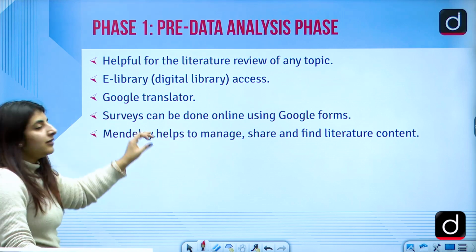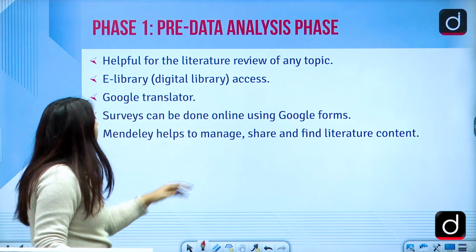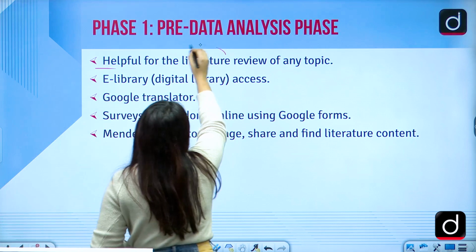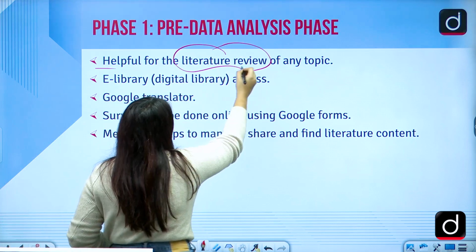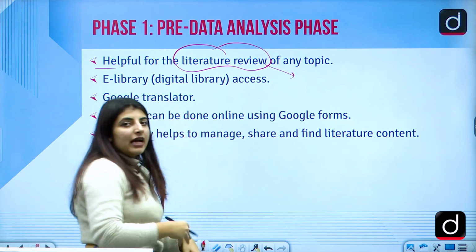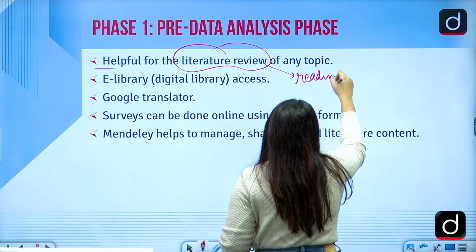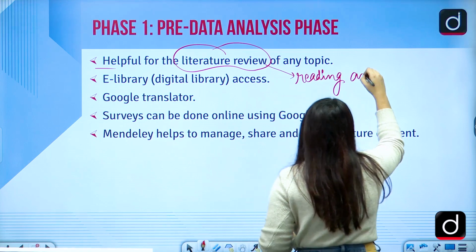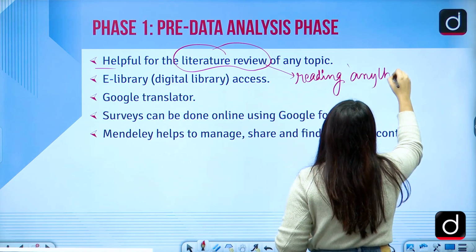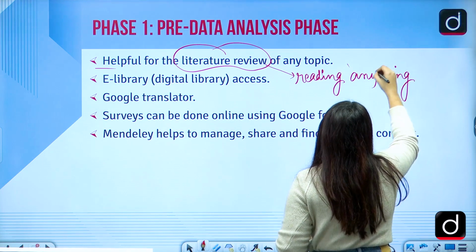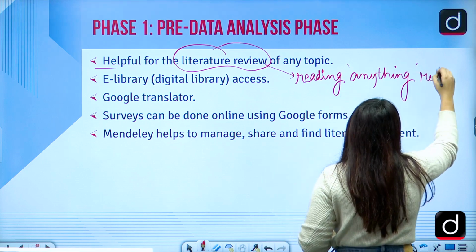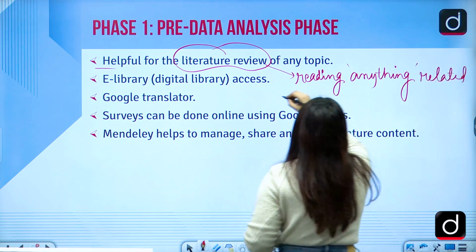So phase 1 is titled the pre-data analysis phase, helpful for the literature review of any topic. And by literature review, I mean reading anything related to the research problem.